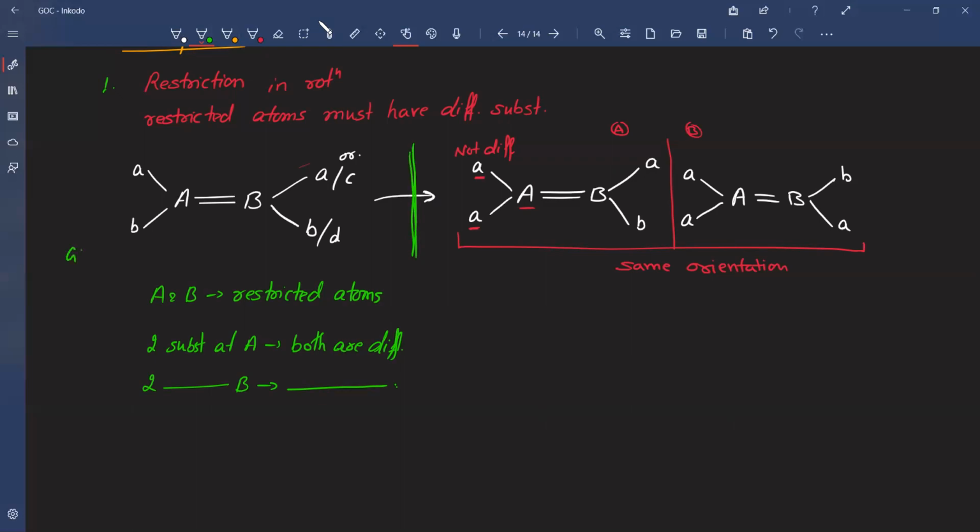In this case, that is on the left side of the green line, geometrical isomerism is possible. Here I am saying that geometrical isomerism is not possible. Now, what is your doubt? Can you repeat your doubt? Why isn't geometrical isomerism possible for the A part?